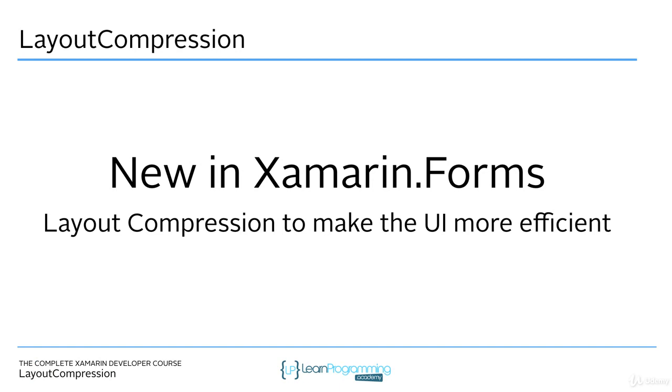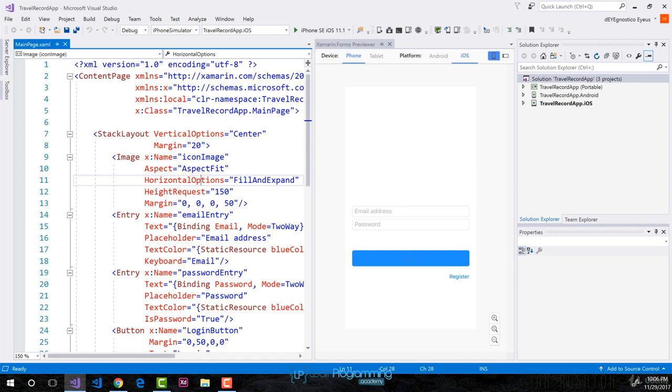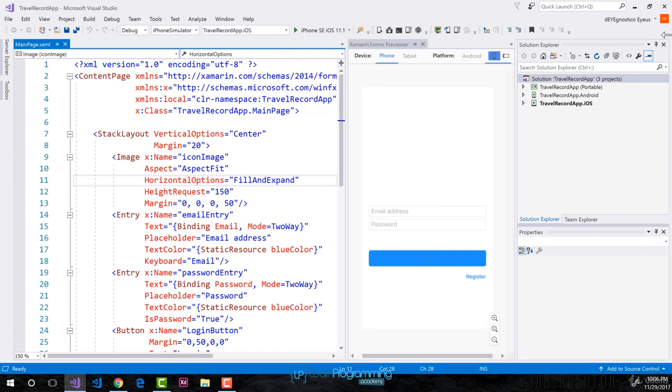So having talked about how this is going to work, let's jump into Visual Studio and configure one of our pages to use layout compression. So here I am on Visual Studio, and what I'm displaying is the main page of our travel record app. I have to the right how it is being displayed on iOS, and we know that this is going to be very similar on Android.